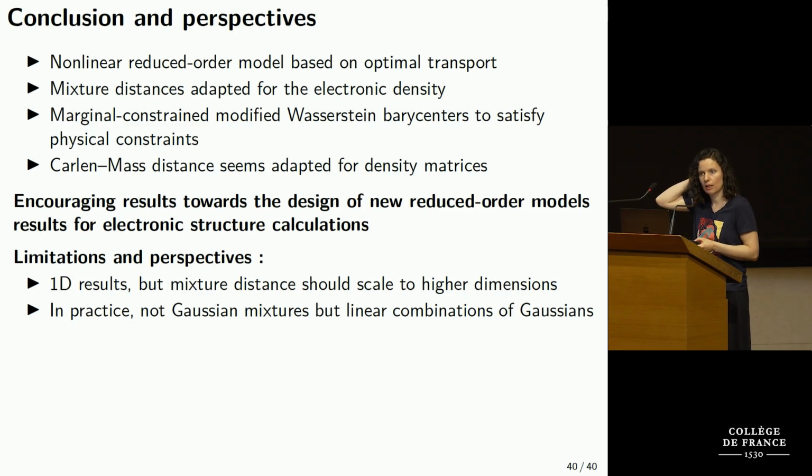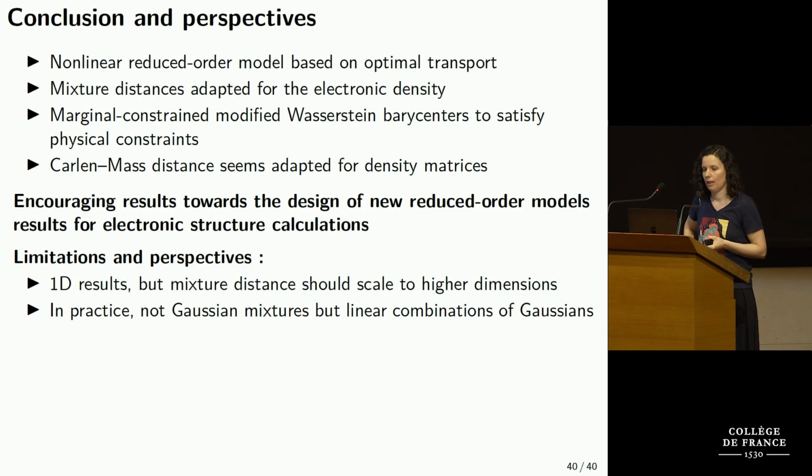In particular, constraining the marginals really helps, using mixture distance also helps, and in the case of the density matrix, this quantum optimal transport distance seems pretty well adapted to our case. And so these are really encouraging results toward having reduced order models for electronic structure applications.